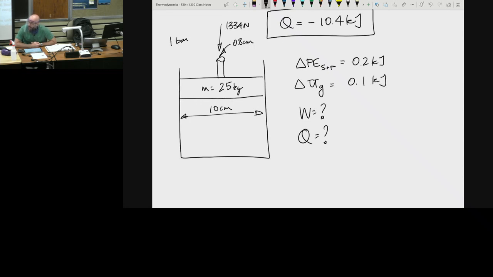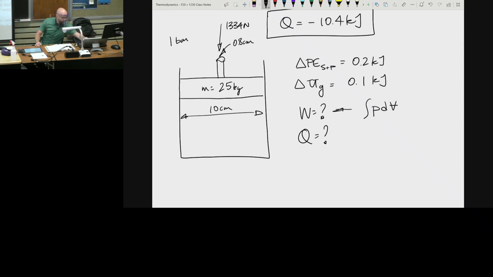So what we're going to do in this problem first is find out what our forces are, because the work is the integral of P dV, the pressure inside times the volume change. This problem statement didn't tell me a volume change right away.